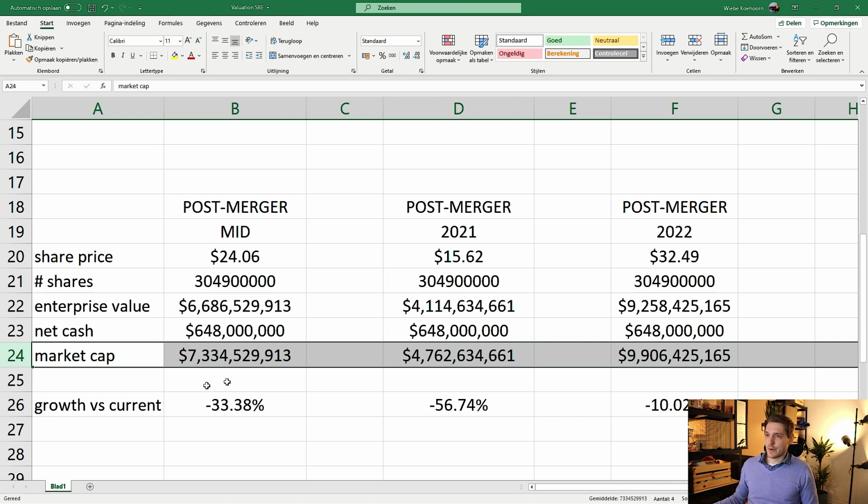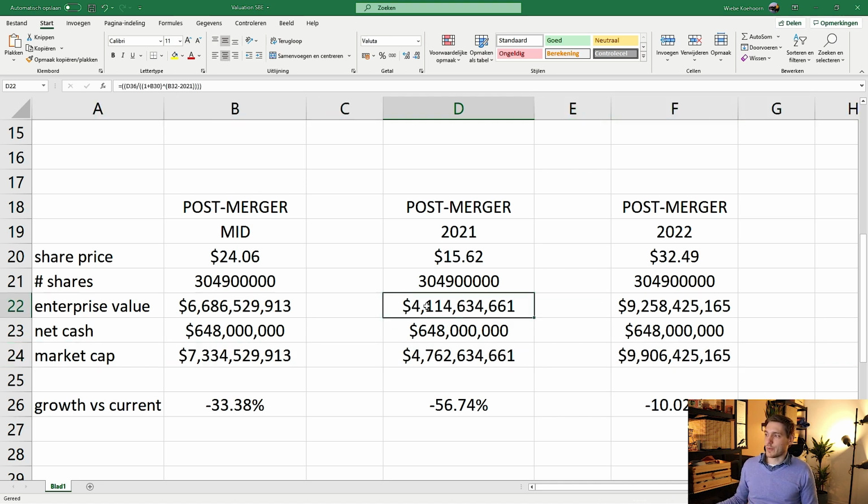So if you do that for the low valuation of 4.1 billion net enterprise value plus 648 million in net cash, that is going to give you a fair market cap of $4.762 billion. If you do that for the midpoint valuation, this number plus this number is 7.3 billion. For the high valuation, it's this number plus this number is $9.9 billion. So that's quite easy, right?